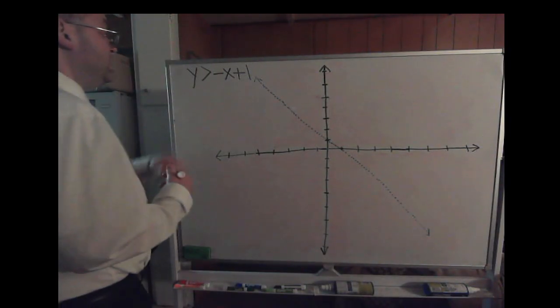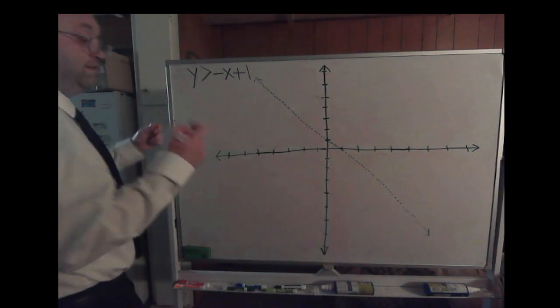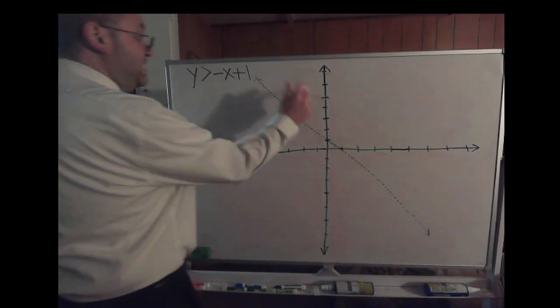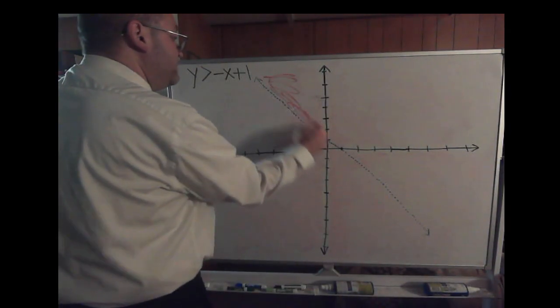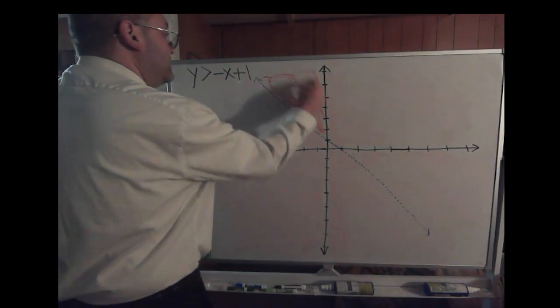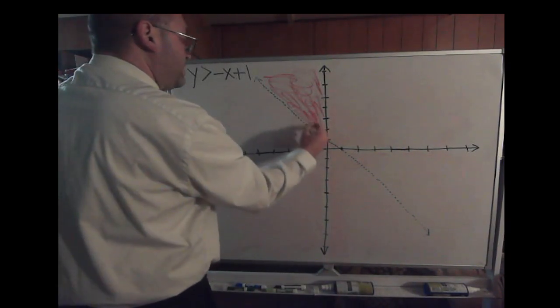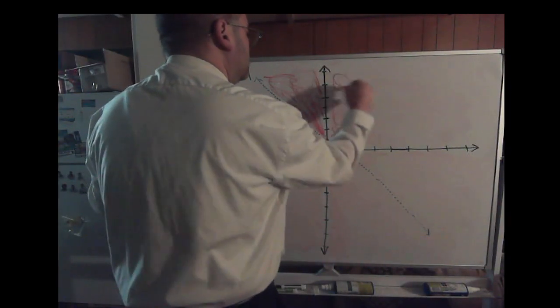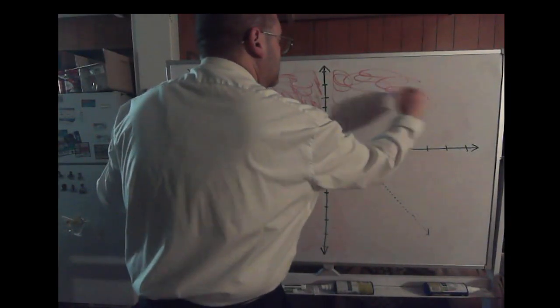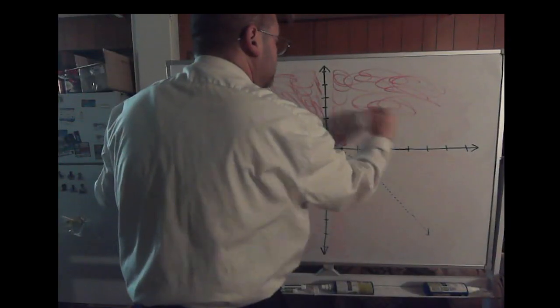Now once you've drawn that, since it's greater than negative x plus 1, you're going to shade every region above it. You'll shade everything above that line, which would look like this. Since it's greater than negative x plus 1.